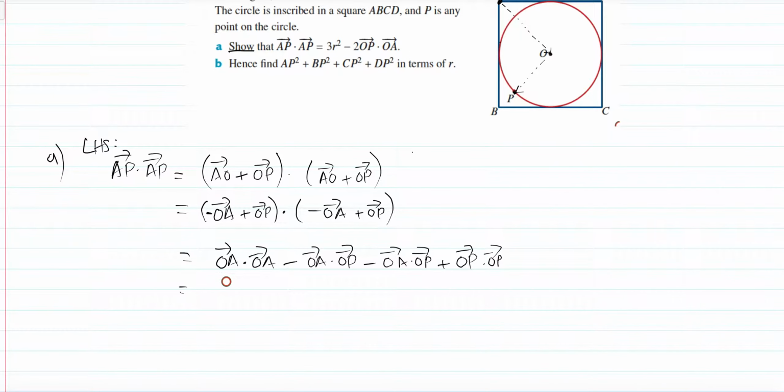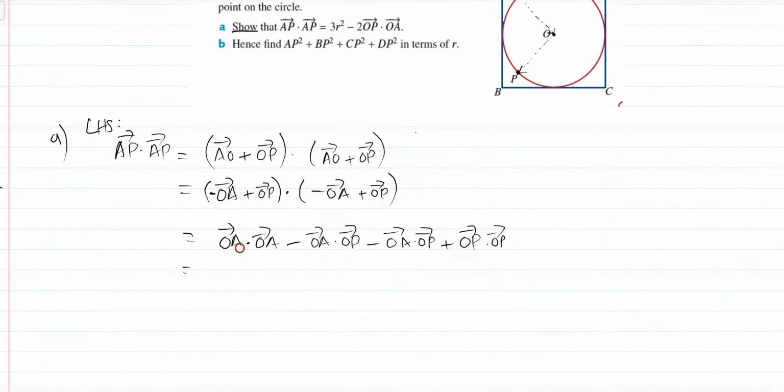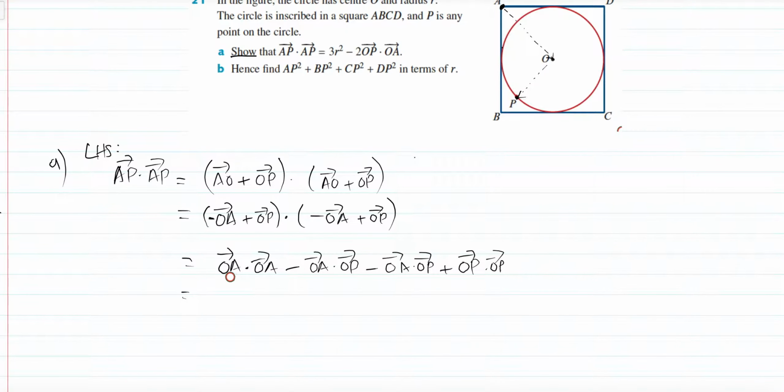As you know, when a vector is multiplied by itself, you get its magnitude squared. So that applies to OP dot OP as well. I'll write that here: vector OP magnitude, squared. And of course, the two OA dot OP terms are the same, so you can just add them up and you get minus 2 OA dot OP.